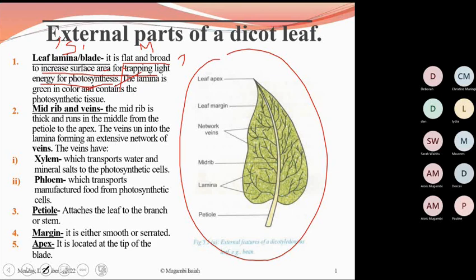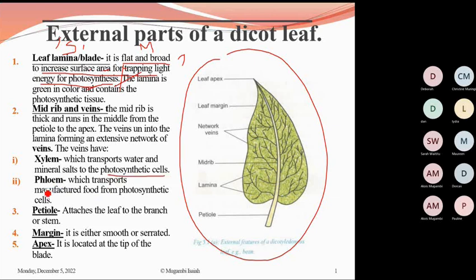But now that xylem that is coming from the roots goes up the stem and then through to the branches, and then finally gets to the leaves, to the photosynthetic cells for photosynthesis to take place.